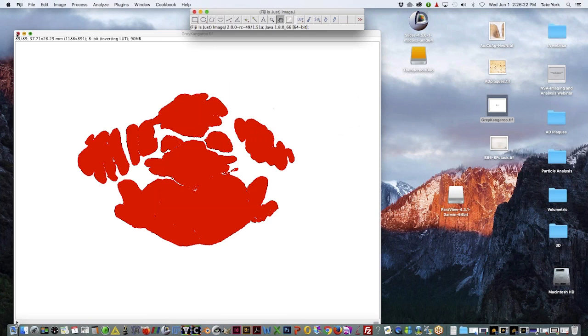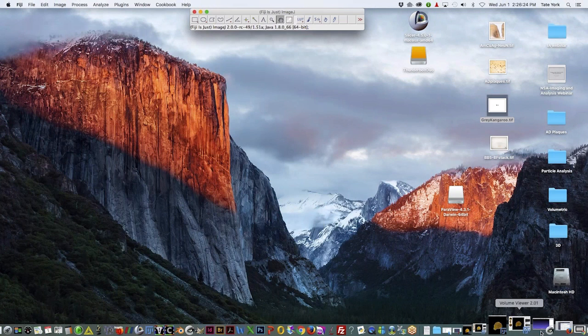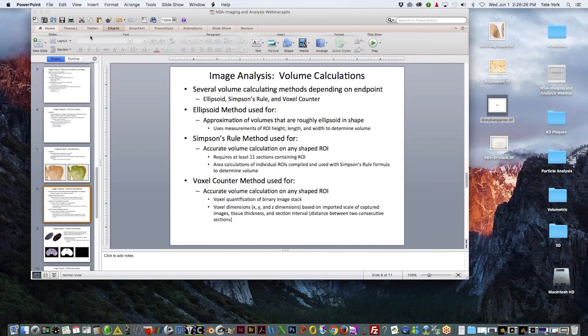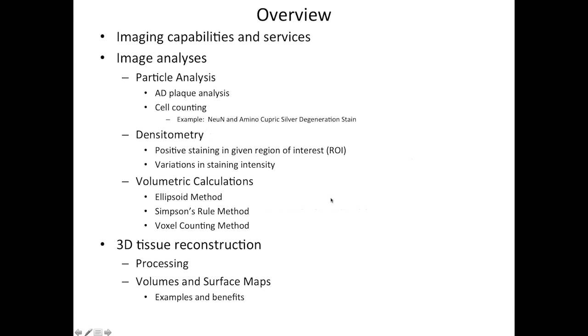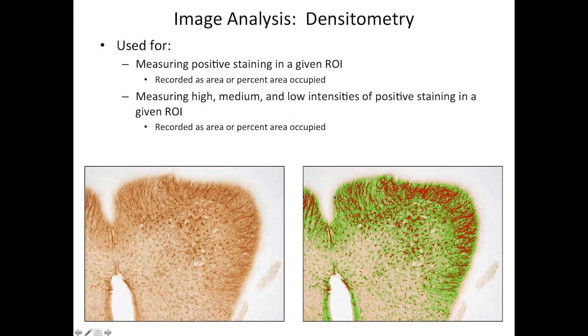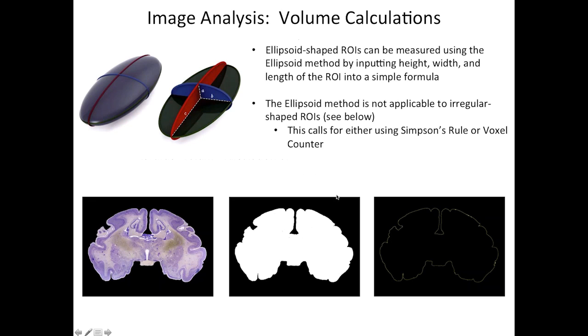And on the bottom here is an abbreviated set of processing steps for volume calculation with the other two methods. So this yellow outline over here is something that can be done in Fiji also using the magic wand.